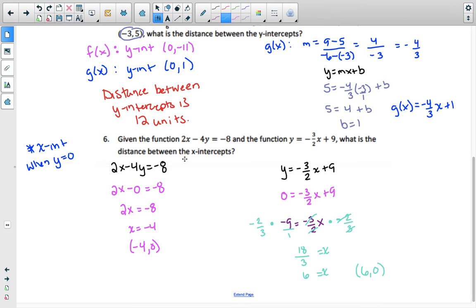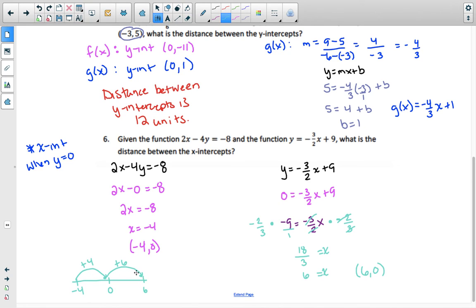The distance between the x-intercepts: we wanted the distance between negative 4 and positive 6. Negative 4 to 0 is 4 steps. The reason I say this is if we're looking at a number line, this is 0, this would be negative 4, this would be positive 6. This is 4 units from negative 4 to 0, and this is 6 units.